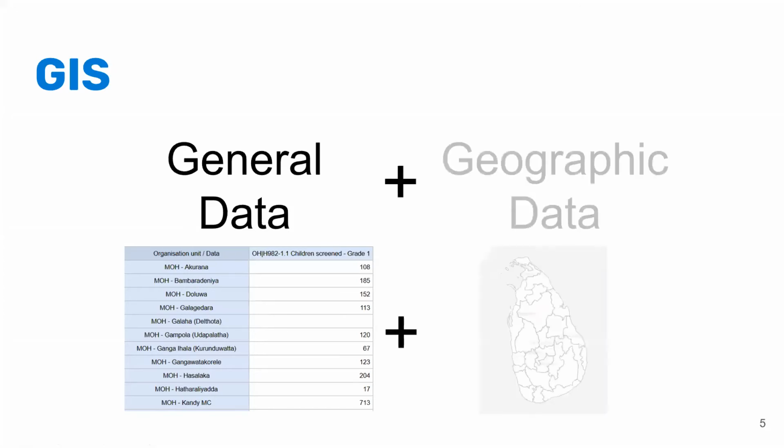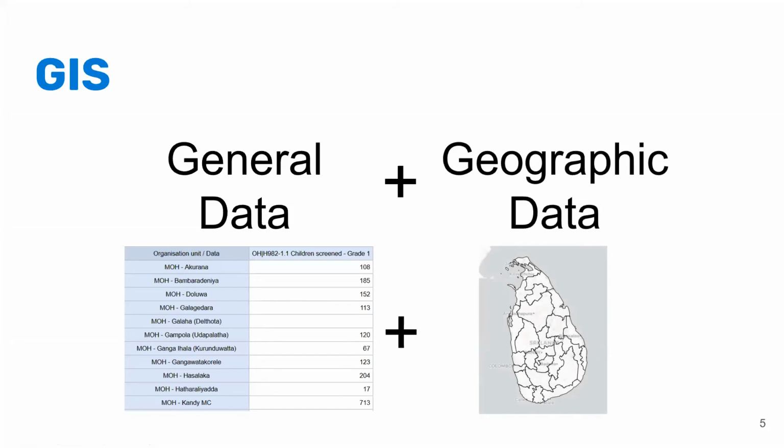So far in DHIS2, what we have done is we had this information in the pivot table and data visualizer, so this information was already there. What we try to do here by using the maps application, or GIS, is to add some geographic data to this information.